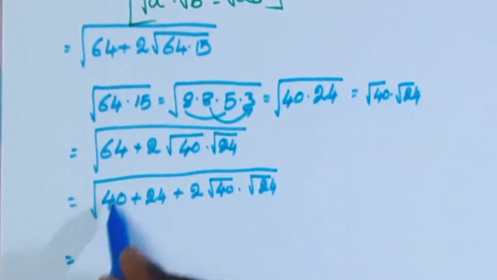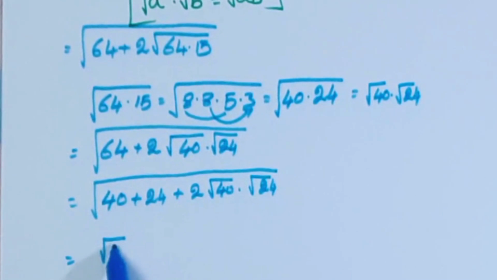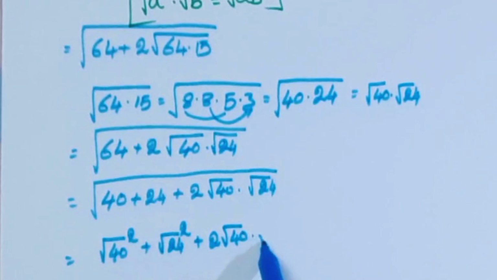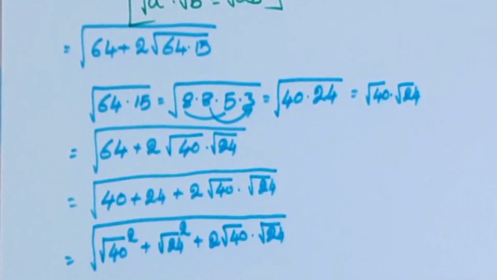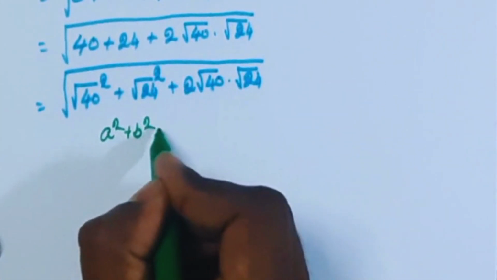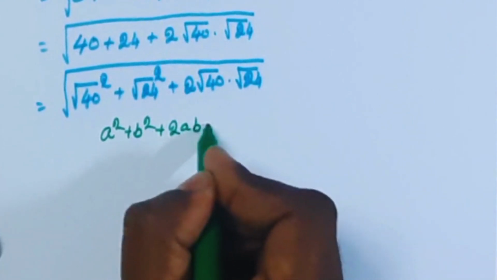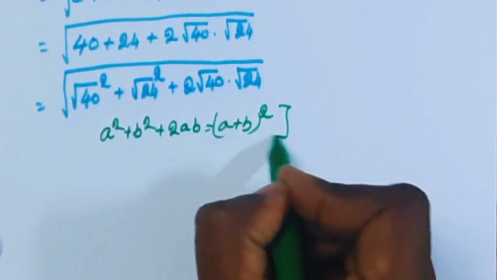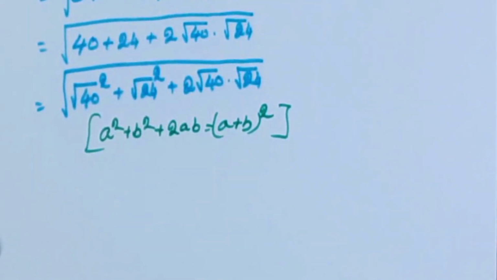Now this 40 is square root of 40 square plus square root of 24 square plus 2 square root of 40 times square root of 24, in whole square root. We know this algebra formula that a square plus b square plus 2ab equals a plus b whole square. This formula we are going to apply here.